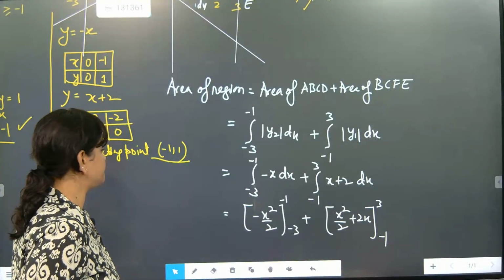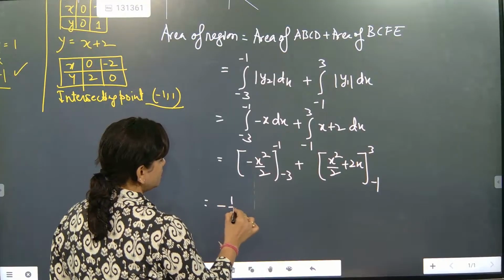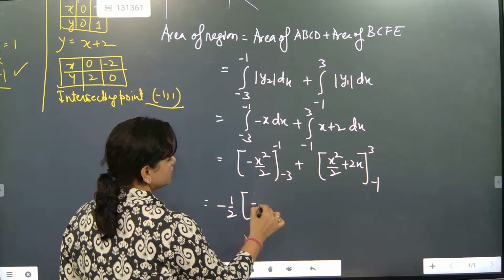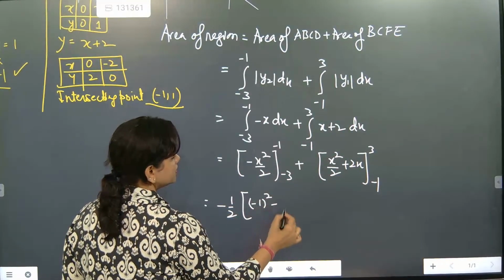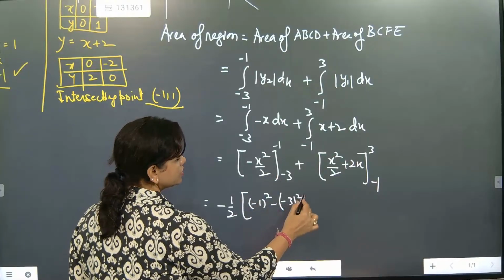Now look here. Minus 1 by 2 x square: that means minus 1 whole square, then minus minus 3 whole square.